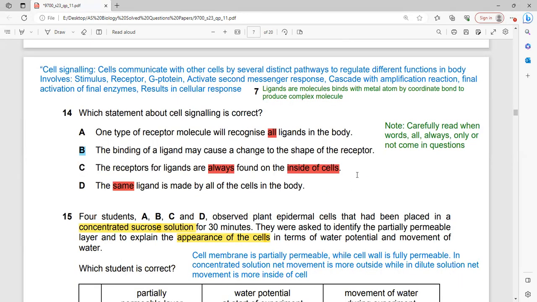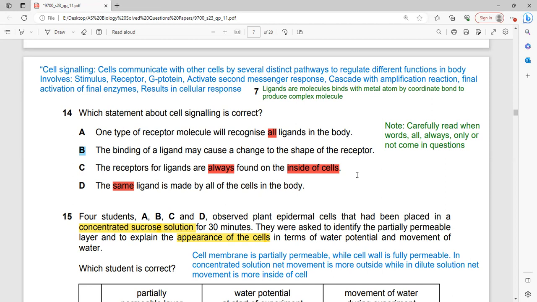Which statement about cell signaling is correct? Now, cell signaling is a way of communication in which one cell communicates with another cell. The cell produces some kind of chemical. These chemicals are called stimulus, and the stimulus combines with a specific receptor. The receptor will change its shape, and this will activate the G protein.